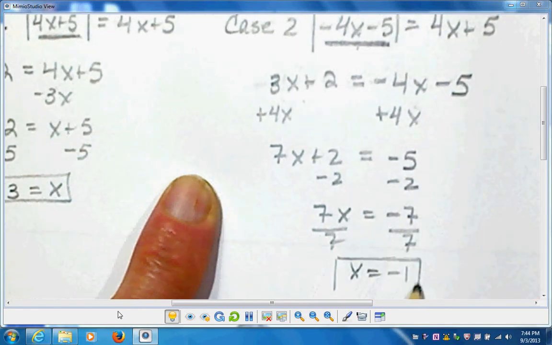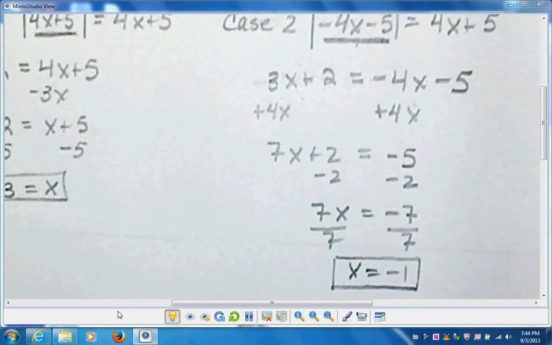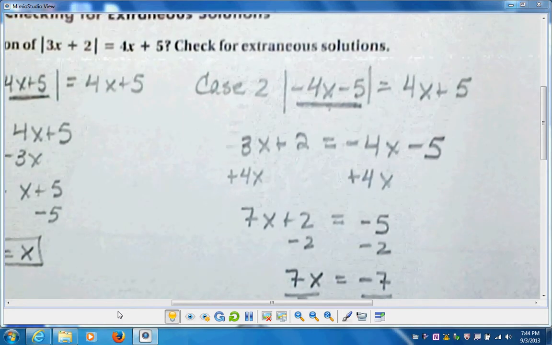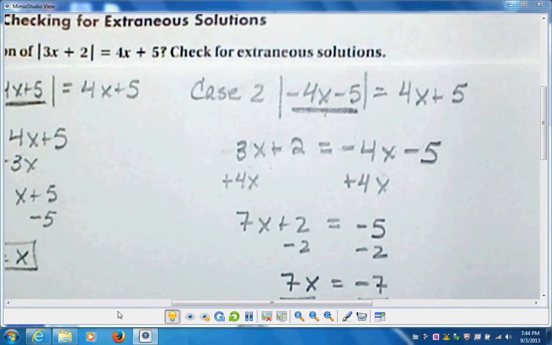Okay, so in the last couple problems we checked by substituting it in, we checked by looking at distance from center. And this particular problem tells us specifically to check for extraneous solutions. So remember, extraneous means it's something that is not true.